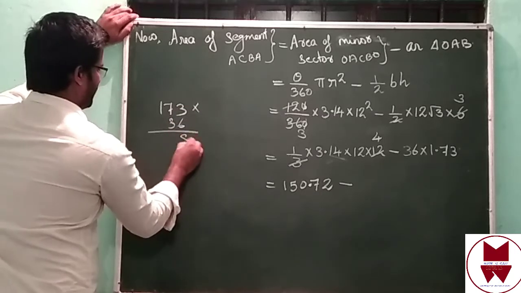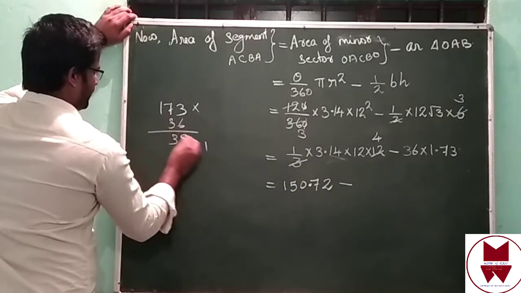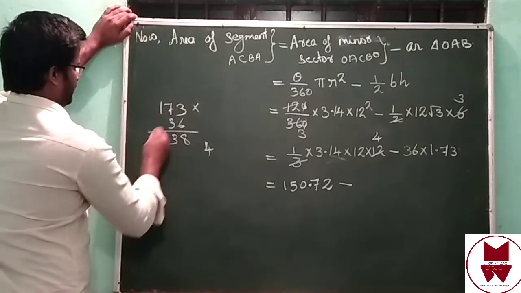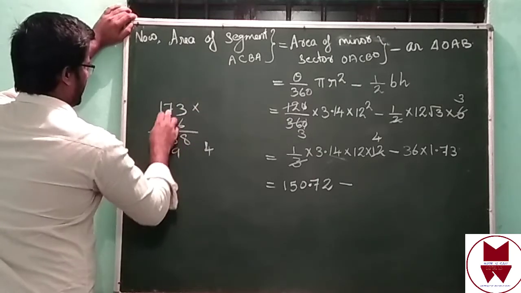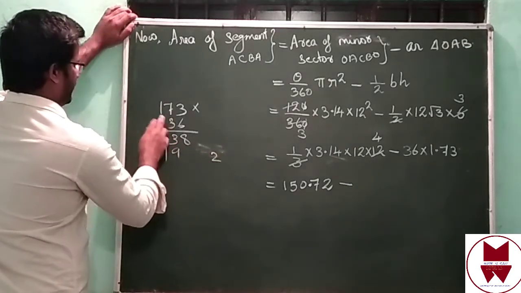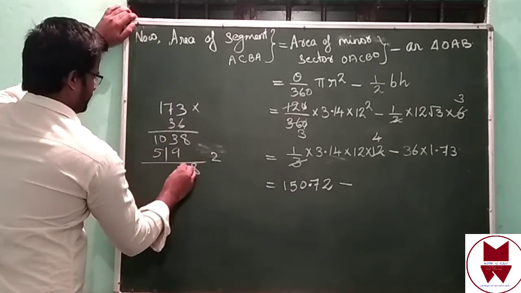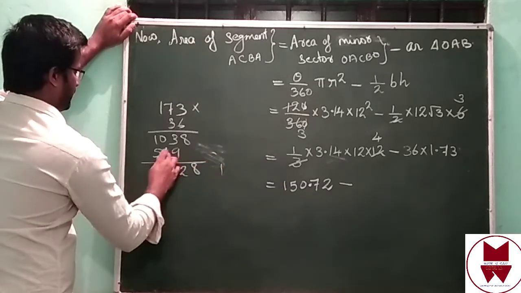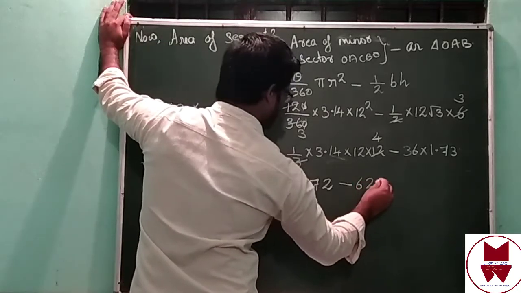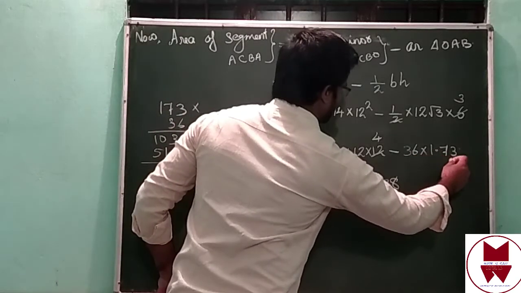Multiplying gives 6228. Then here also after the point 7 and 3, two numbers are there.